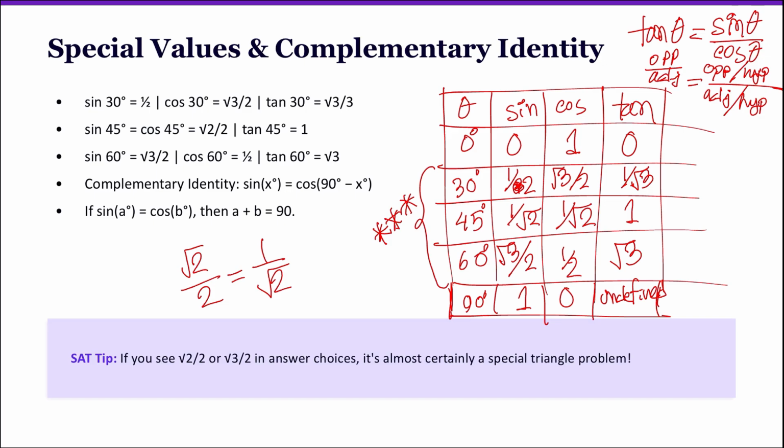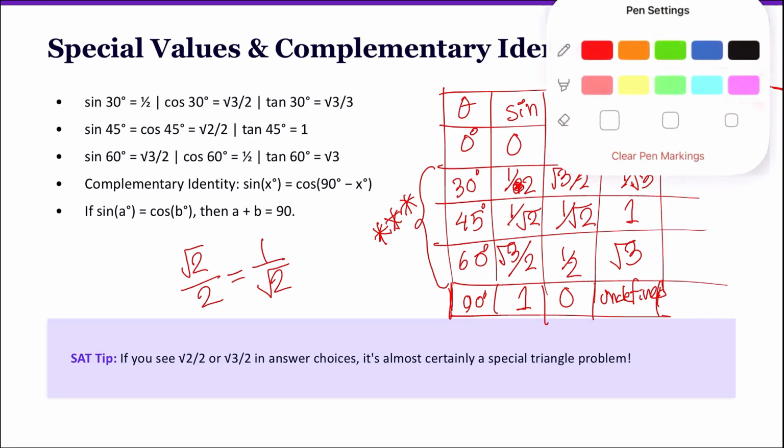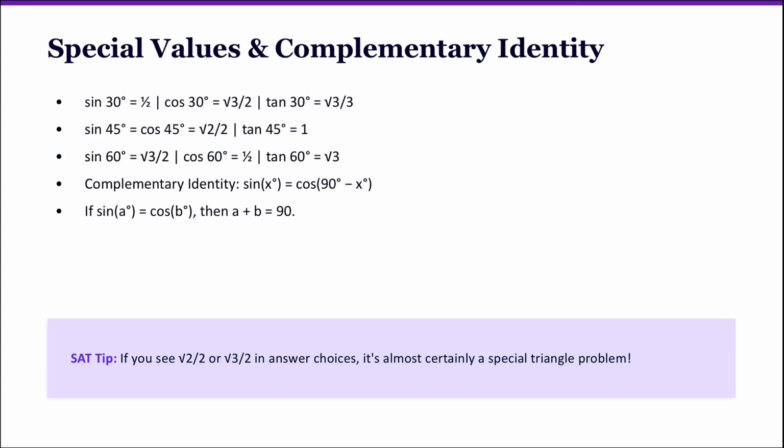But make sure to have these three middle rows memorized, and also make sure you know this complementary identity, which is sine of x is equal to cosine of 90 minus x. And this is really just a restatement of the geometry that we saw in the previous page.